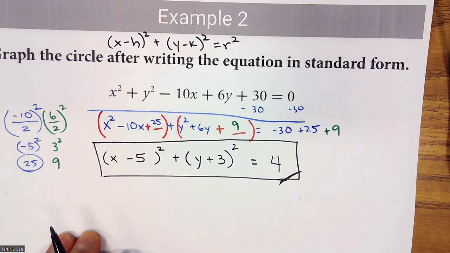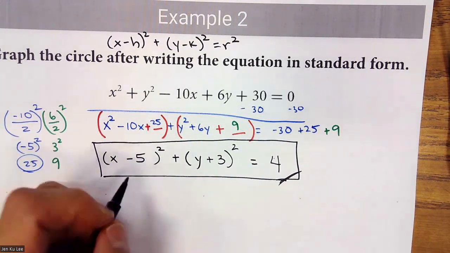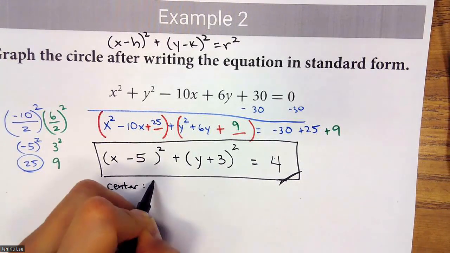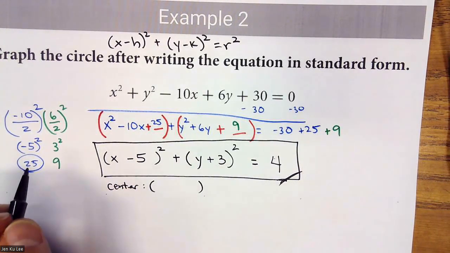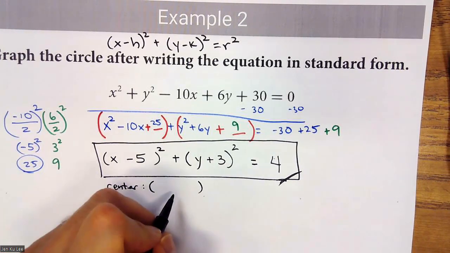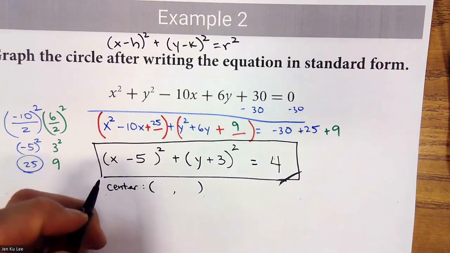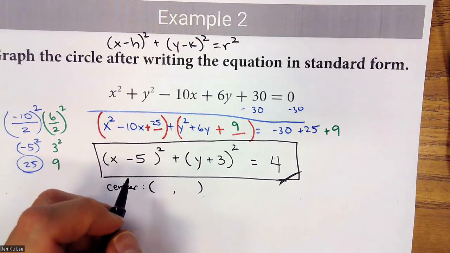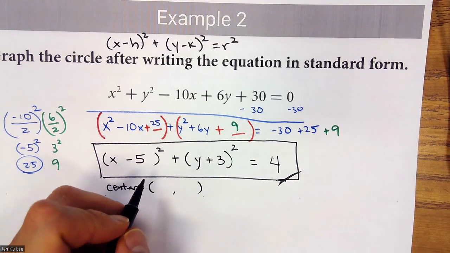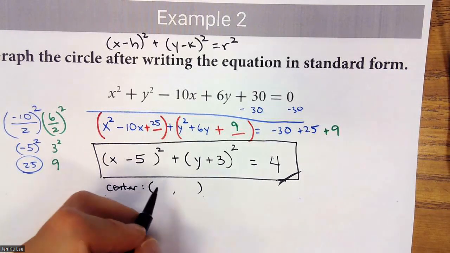Graphing is simple. Okay, what's my center? No, it's not negative 5 comma 3. Close. 5 comma 3, no, close. 5 comma negative 3, right?